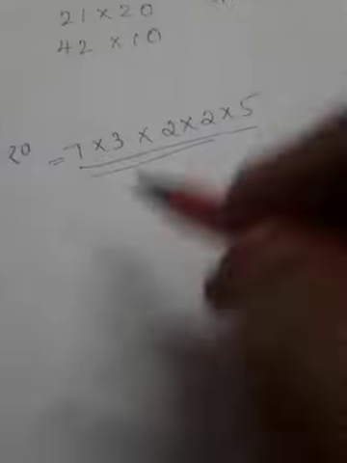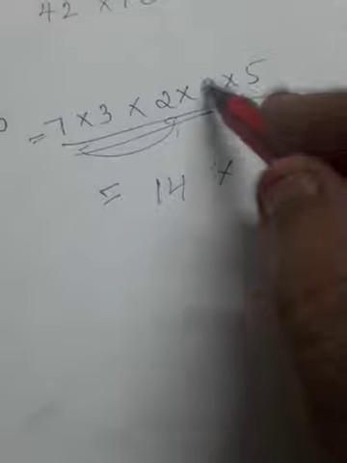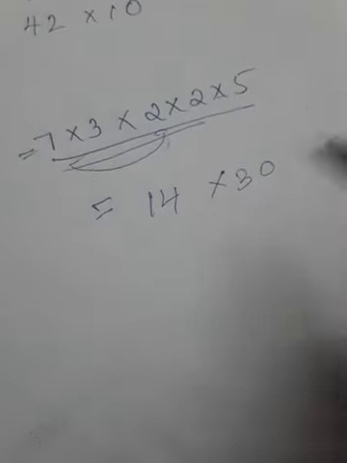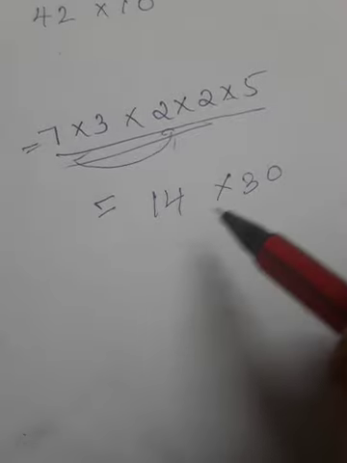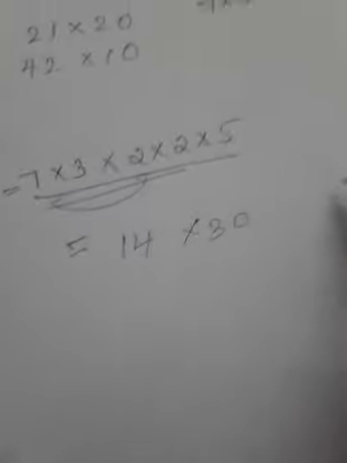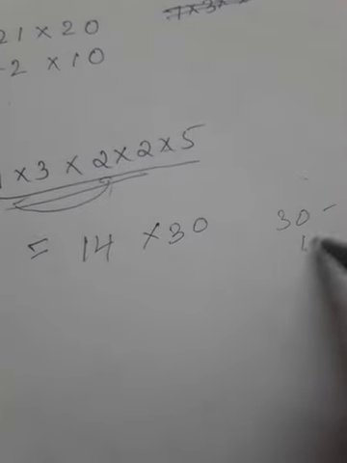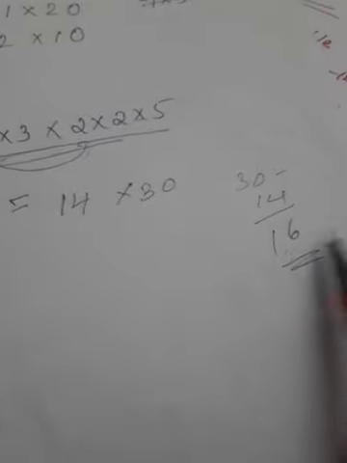So here we can take 7 into 2, 14, and 3 into 2, 6, 6 into 5, 30. This product is also 420, but the difference is not 13. Their difference is 30 minus 14, only 16. We need to get 13.